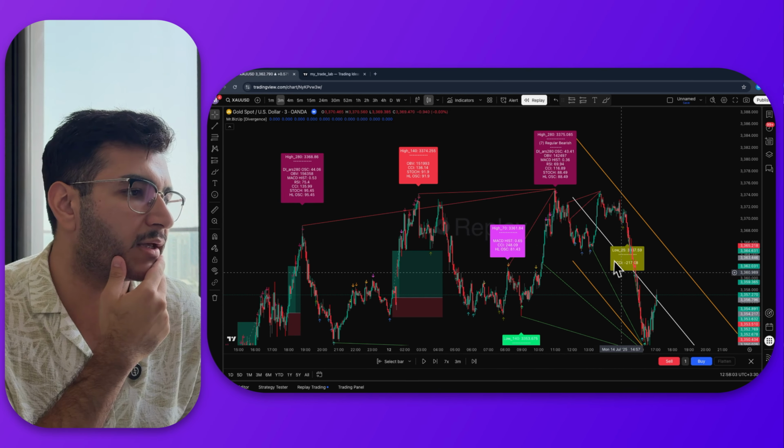Correct? These two strategies: touch of the trend line plus some divergence, or more than 3 divergences in any condition.